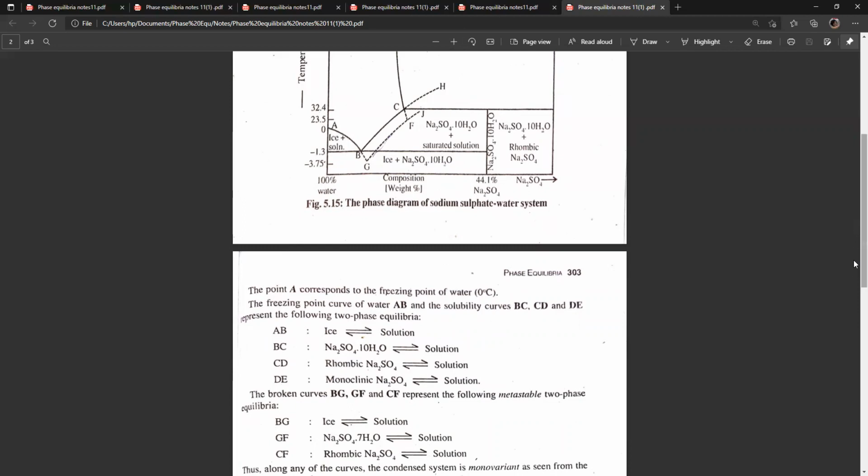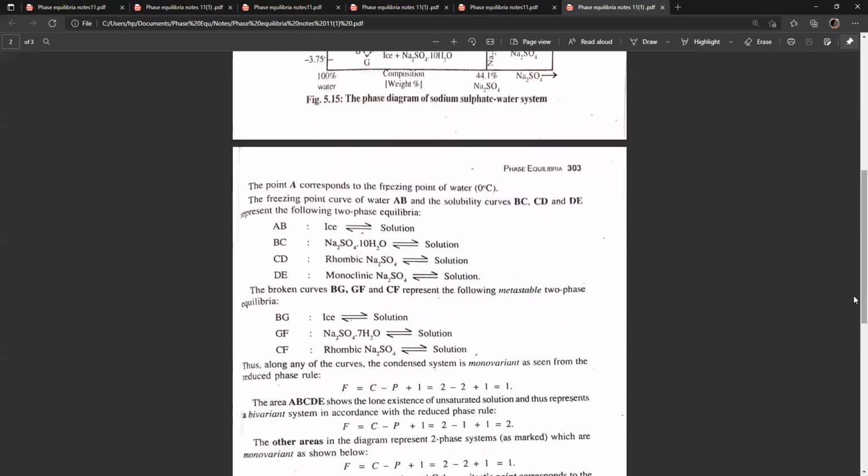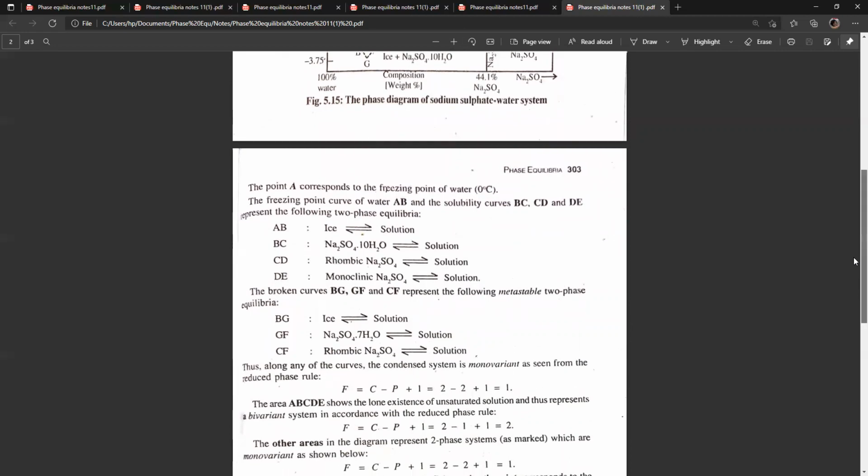Along all these curves, on applying the reduced phase rule, there are two components and two phases. That is, the system is monovariant along all these curves. Then the areas.